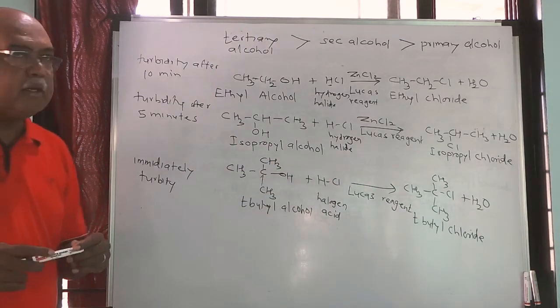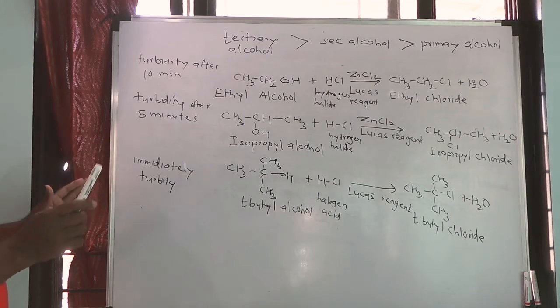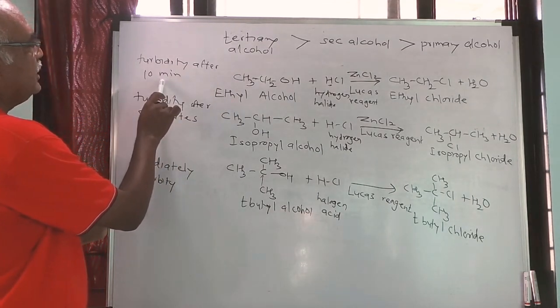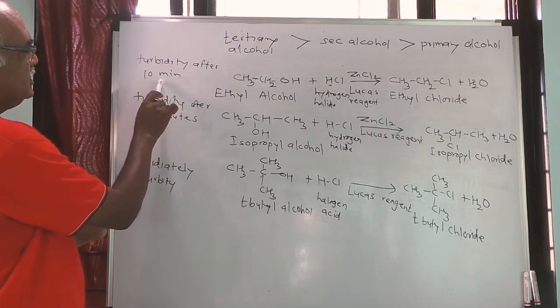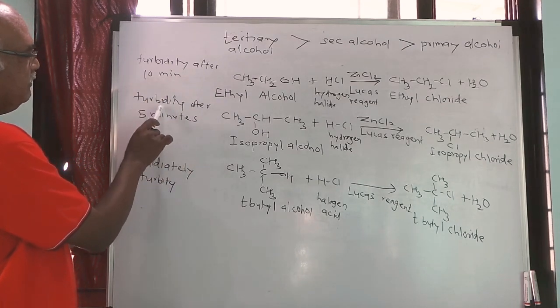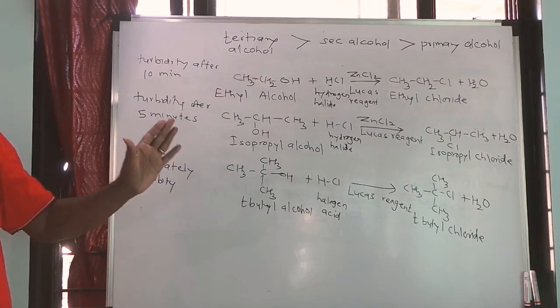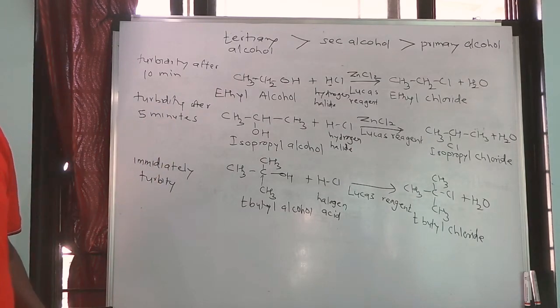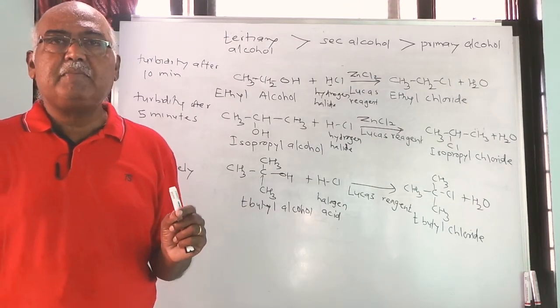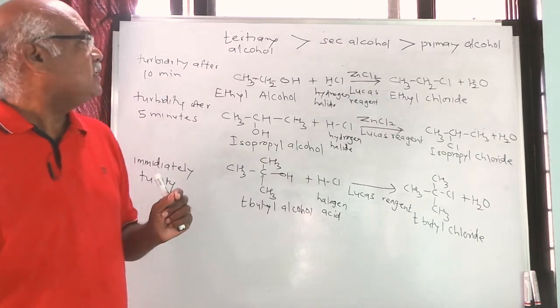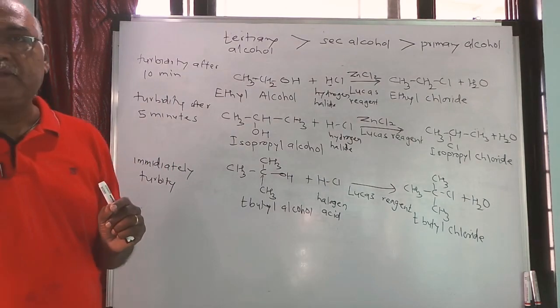Therefore, with Lucas reagent, for primary alcohol the turbidity is obtained after 10 minutes. For the secondary alcohol, turbidity is after 5 minutes, and for tertiary alcohol, immediate turbidity is obtained.